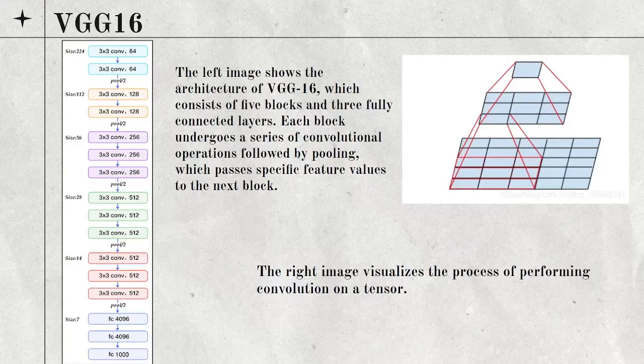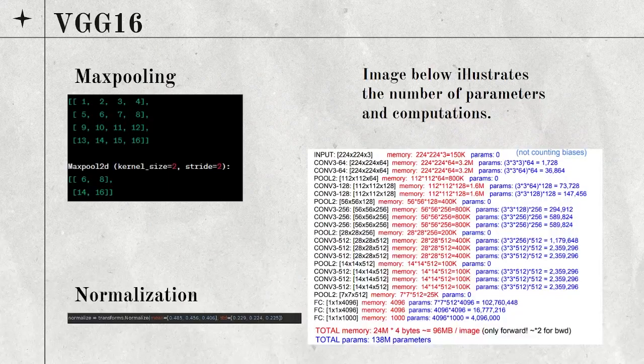The specific operation of max pooling can be seen on this next slide. Max pooling has two parameters, kernel size and stride. Kernel size determines the size of each scanning window, while stride determines the interval between each scanning window. For example, starting from 1 at this location, since the kernel size is 2, max pooling will examine a 2 times 2 range, which is 1, 2, 5, 6, and the max value is 6, so the first output will be 6.